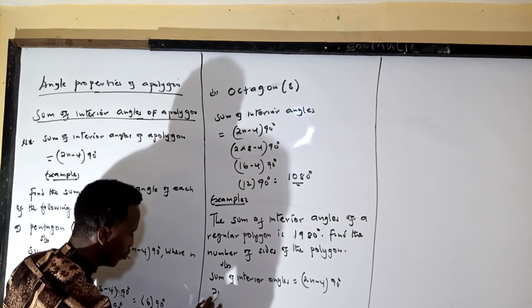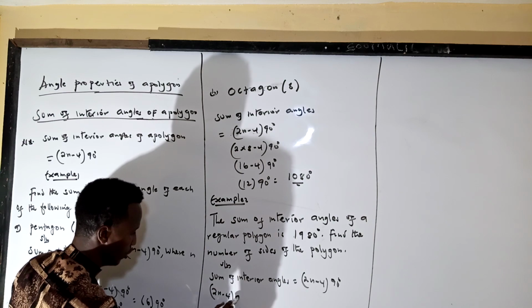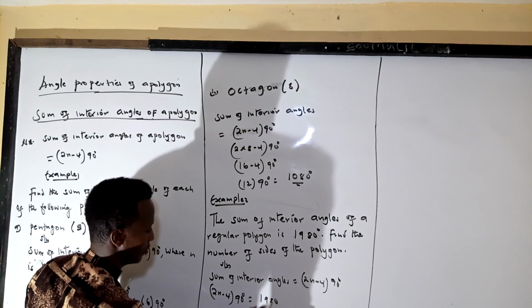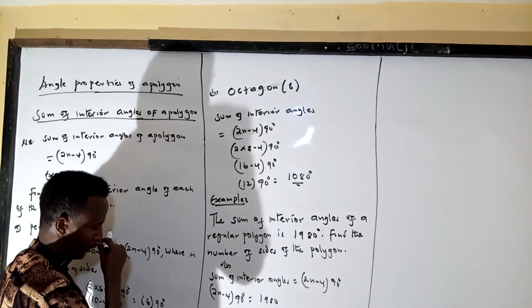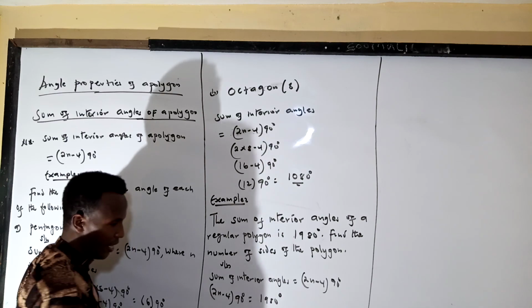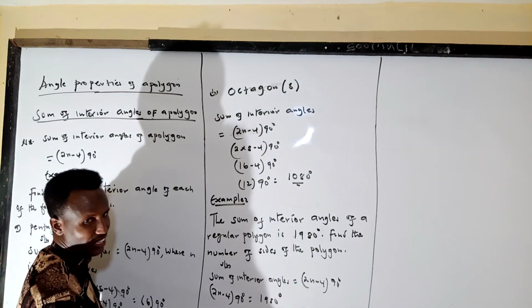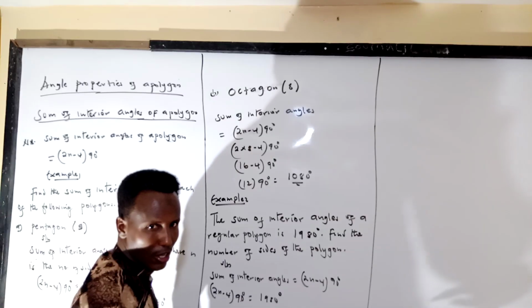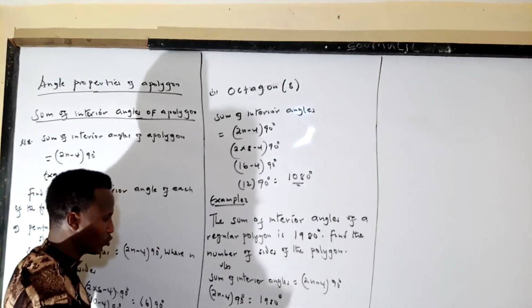Then we can say (2n minus 4) into 90 is equal to 1980 degrees. To simplify it, instead of multiplying 90 times 2n, that is the old method, we are using the smart method here to solve this problem.